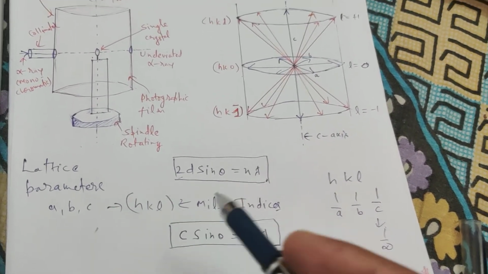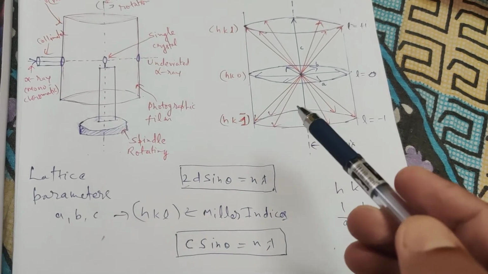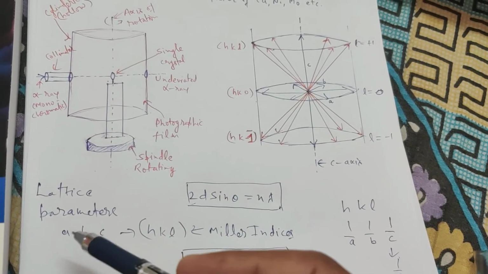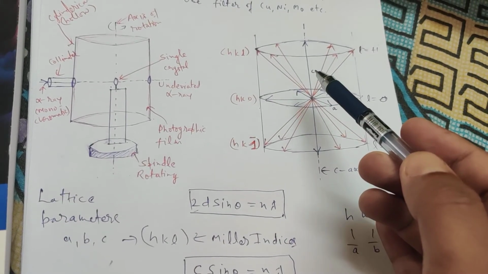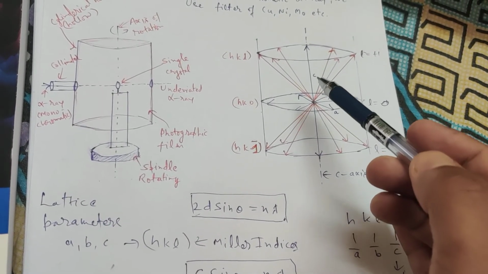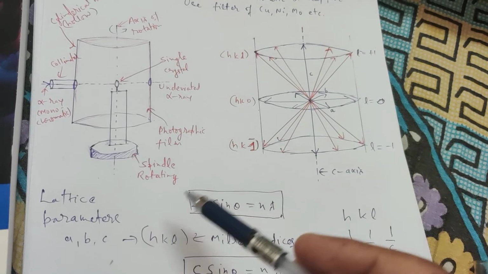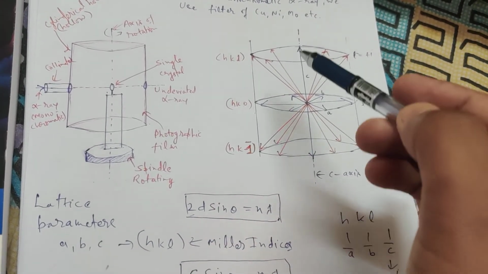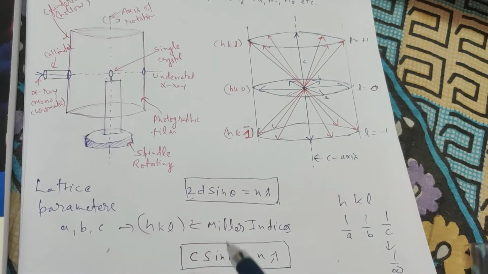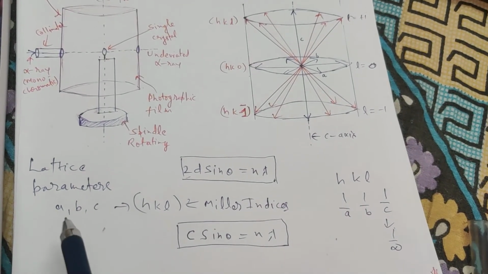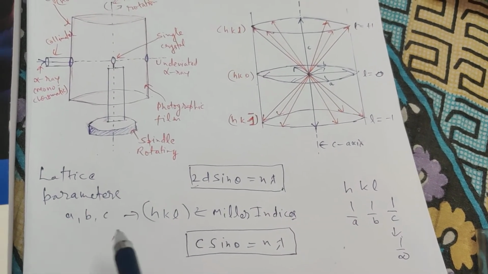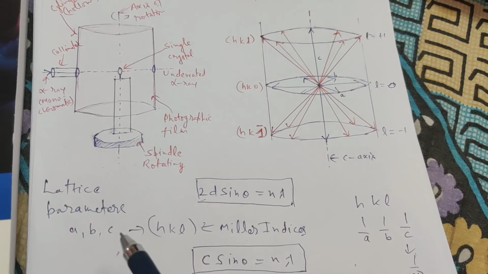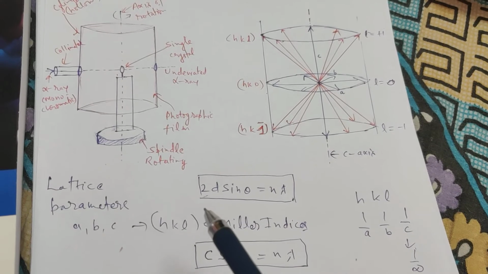Similarly, by mounting this crystal along a particular direction, if I am taking this c, then for the second time I will take a along this axis, and for the third time I will take b along this axis of rotation. Therefore I will determine a, b, c. If I have determined a, b, c, then I can calculate the crystallographic density.